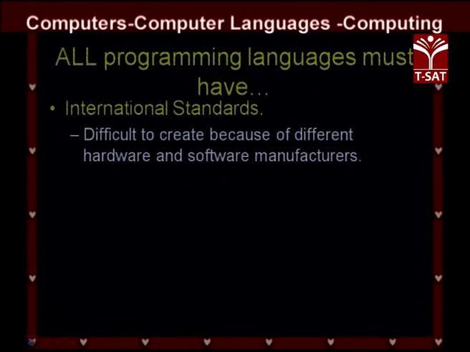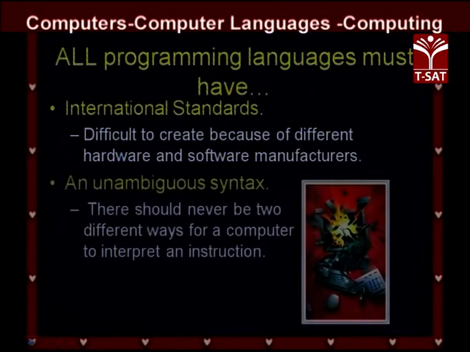All programming languages should follow some international standards. Why do we say international standards? We have n number of languages, and to communicate, each of them should be converted into machine code or machine language.